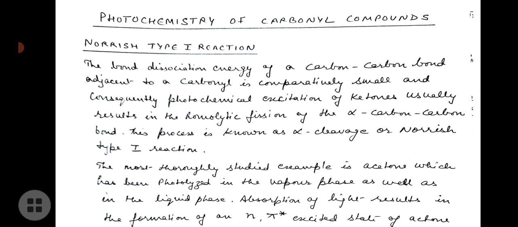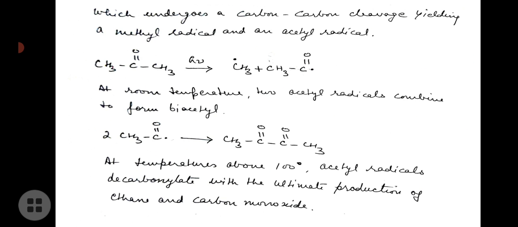The most thoroughly studied example is acetone, which has been photolyzed in the vapor phase as well as in the liquid phase. Absorption of light results in the formation of an n-pi star excited state of acetone, which undergoes a carbon-carbon cleavage and yields a methyl radical and an acetyl radical.